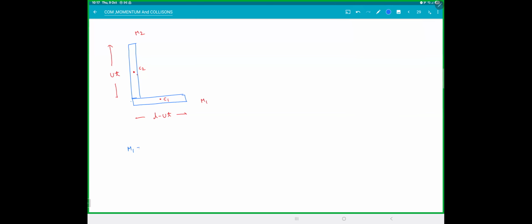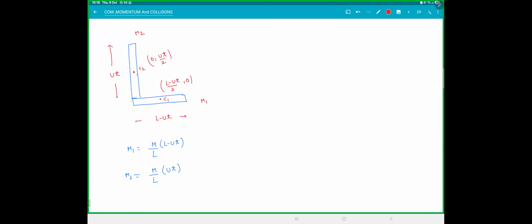So what is mass m1? Total mass of the rod by total length of the rod into L minus ut. This is m1. m2 will be total mass of the rod by total length of the rod into ut. This is m2. And what is C1 ka coordinates? C1 coordinates will be L minus ut by 2, comma 0. This coordinates will be 0, comma ut by 2.